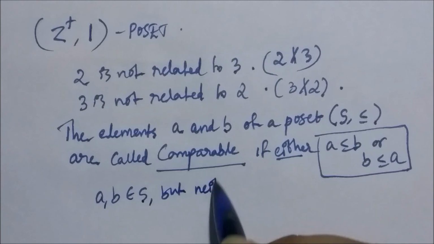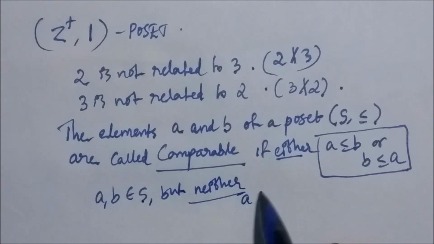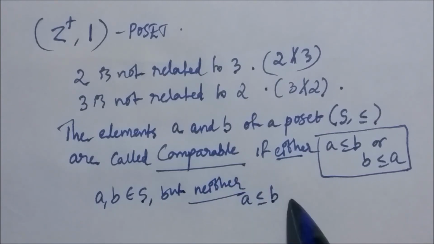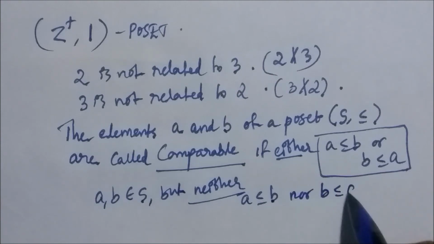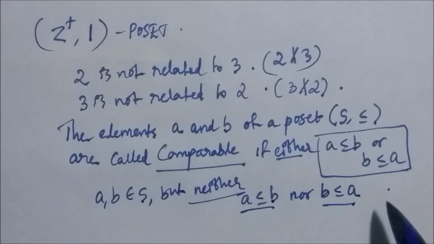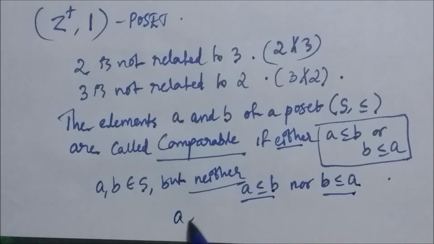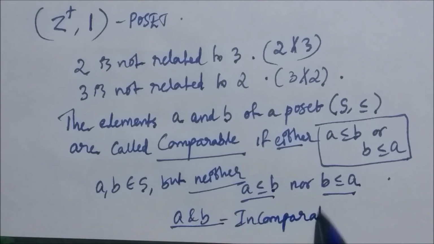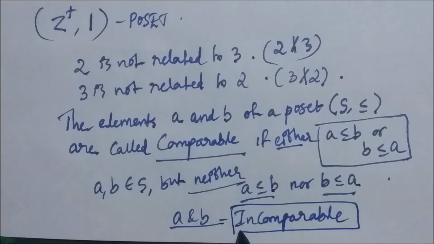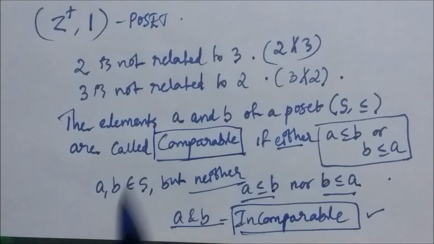Now, if A and B are elements of the set S, but neither A ≤ B nor B ≤ A, it means that A and B are incomparable. So if neither A is related to B nor B is related to A, A and B are incomparable. So that's the definition for comparable and incomparable.